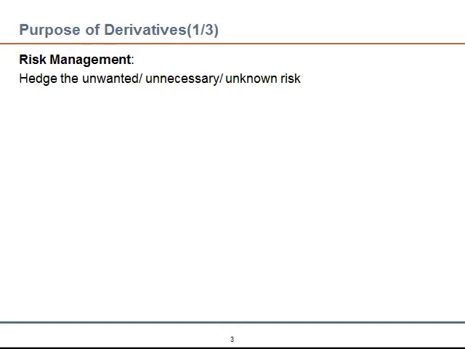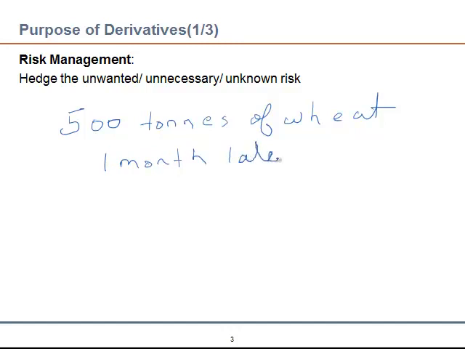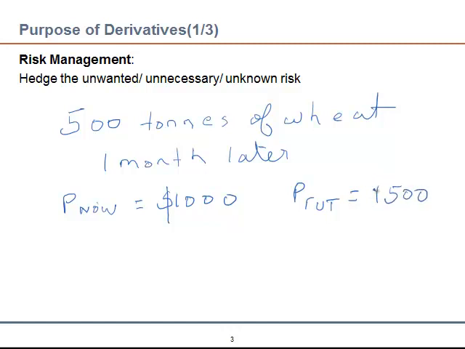Let us say, for example, you want to buy 500 tons of wheat, but you want to buy this 500 tons of wheat 1 month later, but the price now is $1,000, but you're afraid that the price in future would be around, say, $1,500.